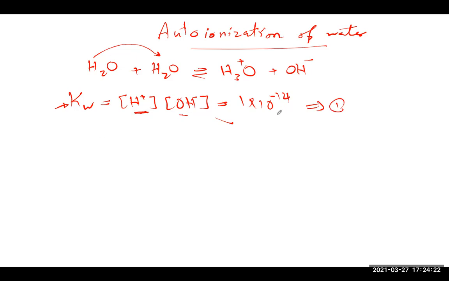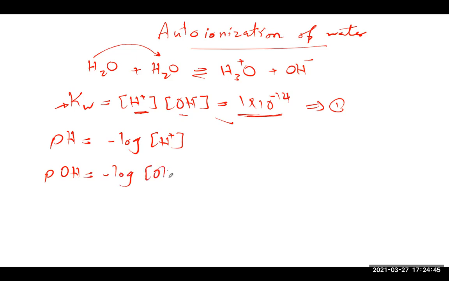And as this formula gives us very small numbers, with 10 to the negative 10 or 14, we will use another thing to predict the acidity of the solution, which is the pH. The pH is minus log the concentration of the hydrogen ion. And we will also have the pOH, which is minus log the concentration of the OH minus.